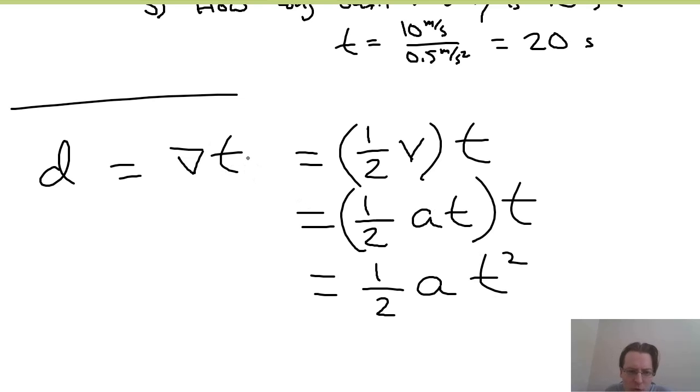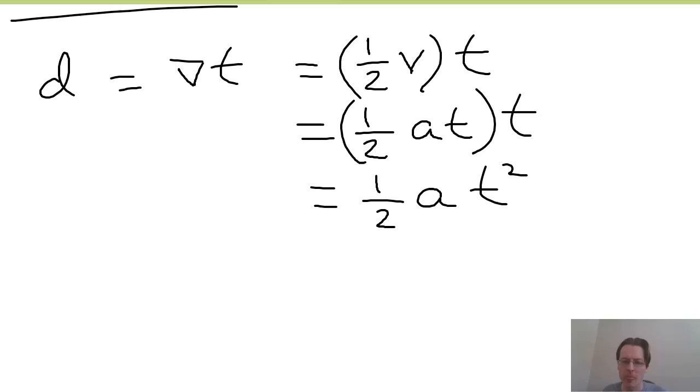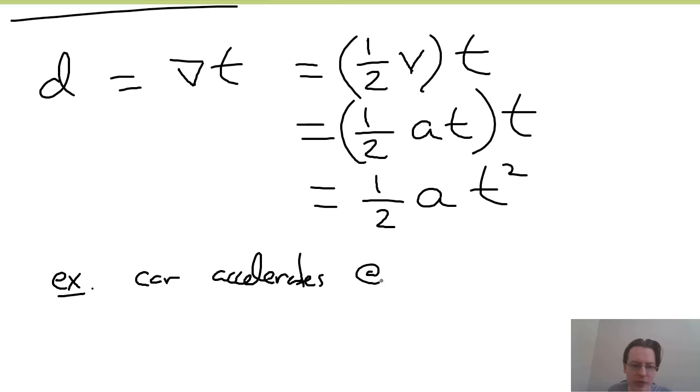So you don't just multiply the speed by the time, you actually have to use two factors of time, t times t or t squared, to figure out the distance that's going to be covered. Let's have a quick example of this. The car accelerates, I think it was the stick man, but let's just say it's the car accelerates at a half meter per second squared.